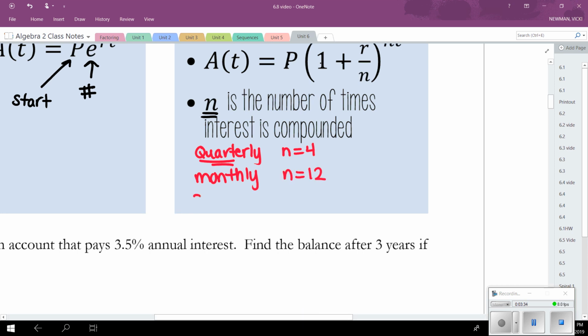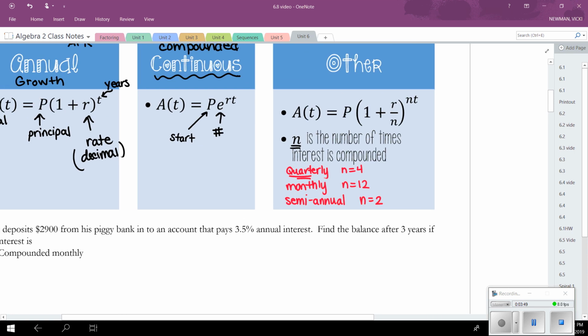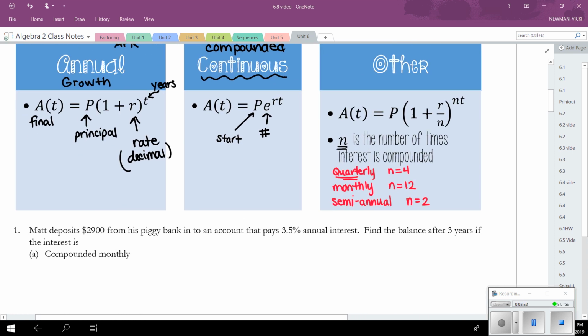Semi-annual means 2, twice a year. Beyond that, it should tell you. So basically you have to remember these formulas and know when to use them. Otherwise, the math part is the same. Setting it up is the same. Solving is the same. Everything's the same, except for which formula you're going to use.